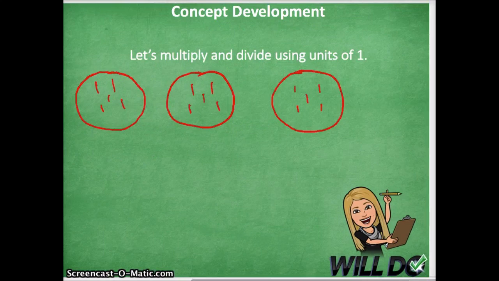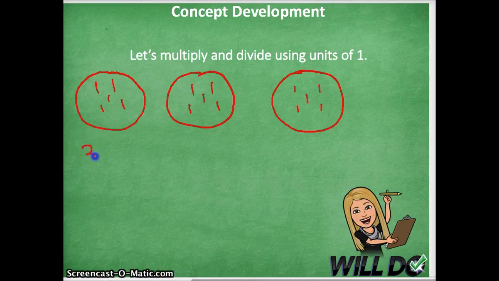All right, let's multiply and divide using units of 1. Go ahead and write the picture representations equation and read that to your learning guide once you have it written down. How many groups do we have?